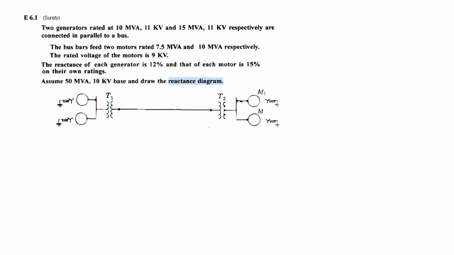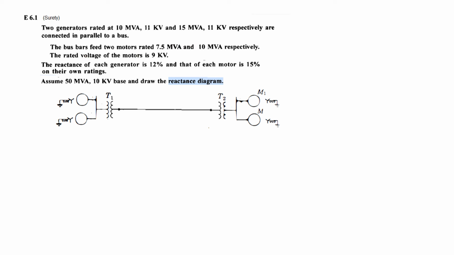Now to elaborate the concept, I have taken a simple example from the book by Mr. Surti. The question is that two generators, rated at this and this respectively, are connected in parallel to a bus. So these are the two generators connected in parallel to the bus. The bus bar feeds two motors and the rating is given here.